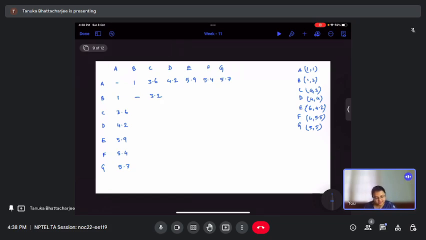Then B and D, that will be 3.6 again. Then B and E, 4.8. Then B and F, 5.3.